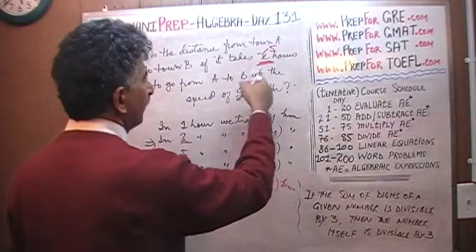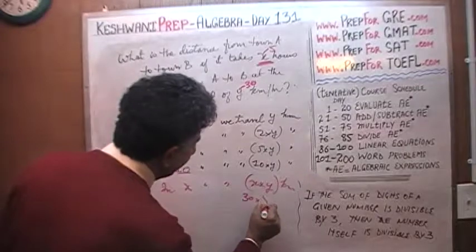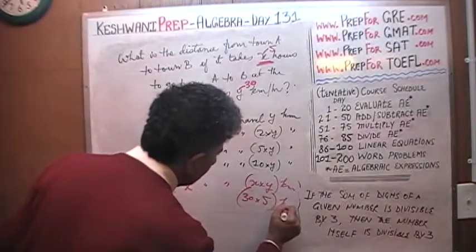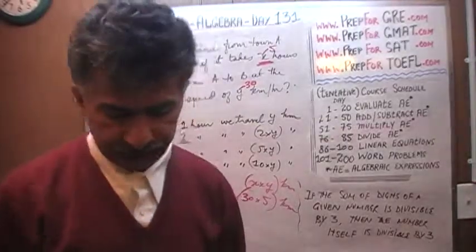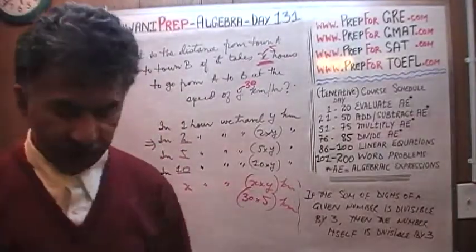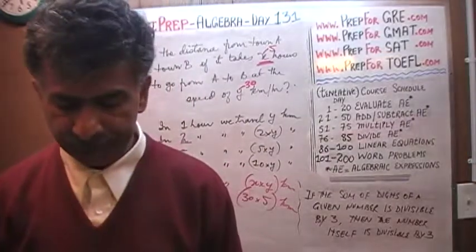Well, at 30 kilometers per hour for 5 hours, the distance from A to B must be 150 kilometers. So the answer here is X times Y kilometers, that's all.